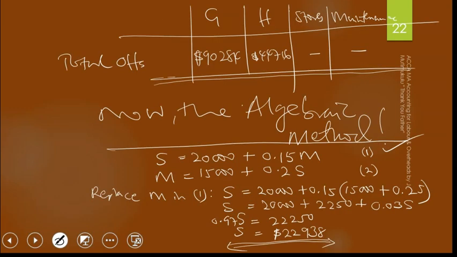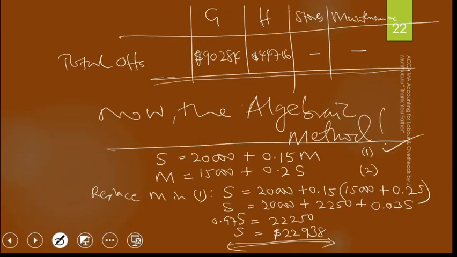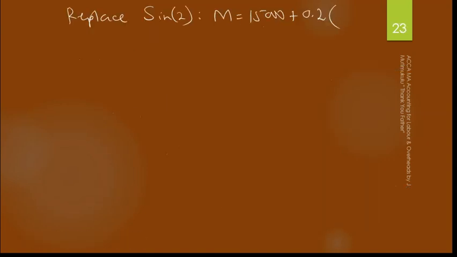We know that equation 2 is M is equal to 15,000 plus 0.2 S. We want to replace S with the value which we have already determined here, so S is 22,938.